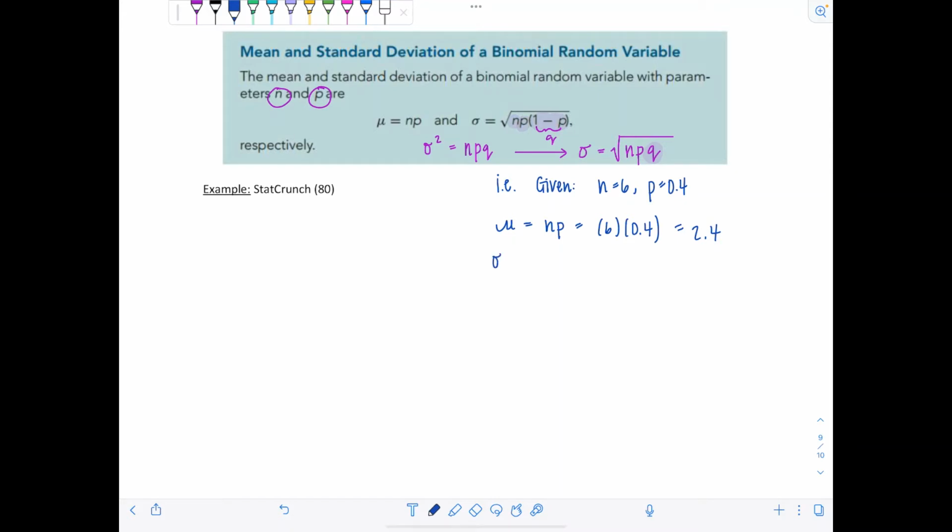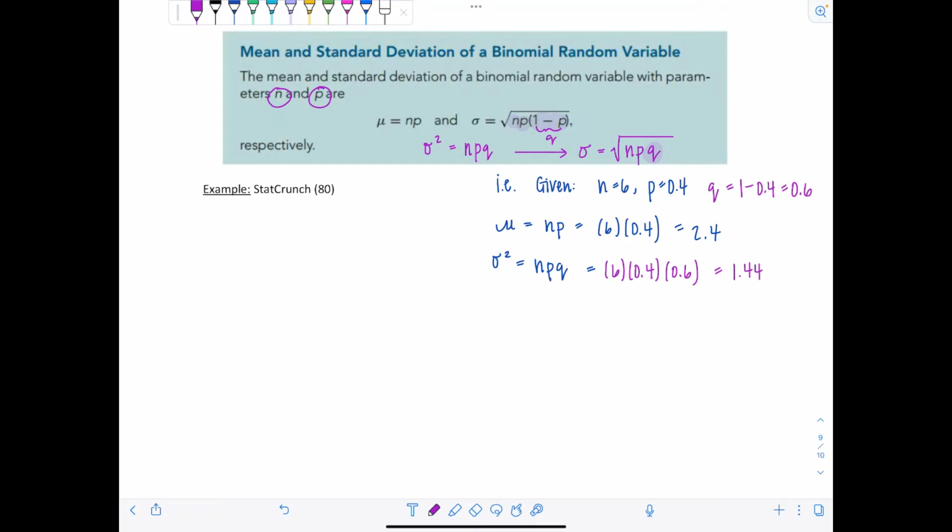And then I like to get the variance first. Sigma squared is npq. Well, we have n and p. Can you figure out q? Remember, q is 1 minus p. So 1 minus 0.4, that's 0.6. So npq would be 6 times 0.4 times 0.6. Very good. And this gives us 1.44.